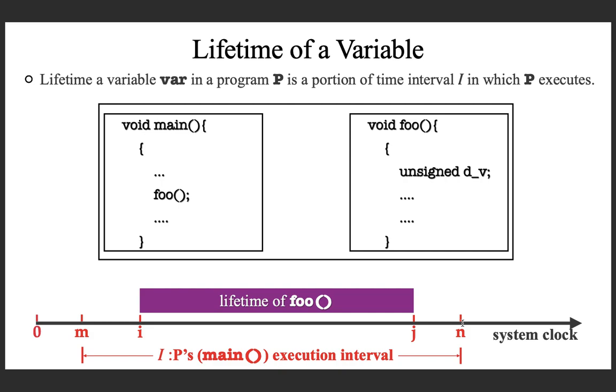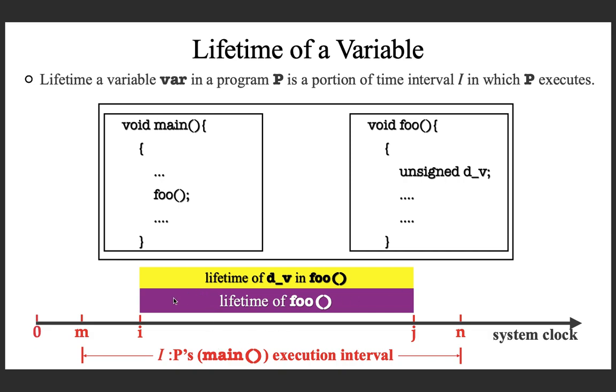Now what is the lifetime for the decimal variable v? Here it shows. The lifetime for the decimal variable which is defined within a function is from the beginning of that function to the end of that function. So during the time that function instance is active, the lifetime of the variable is there.